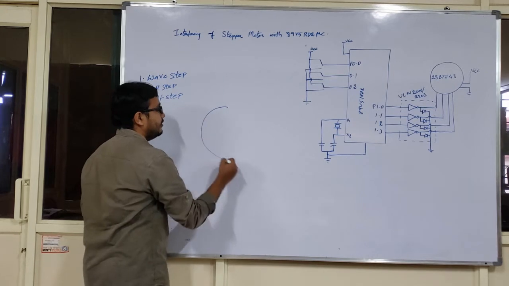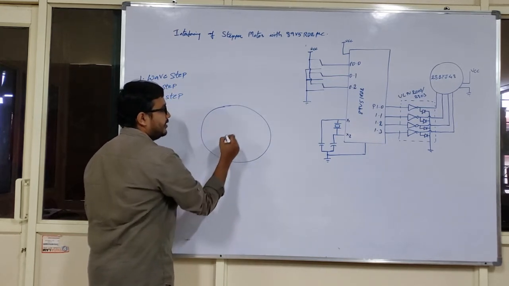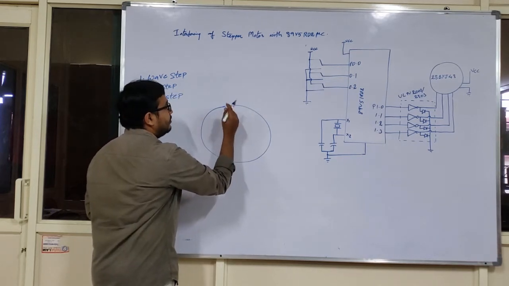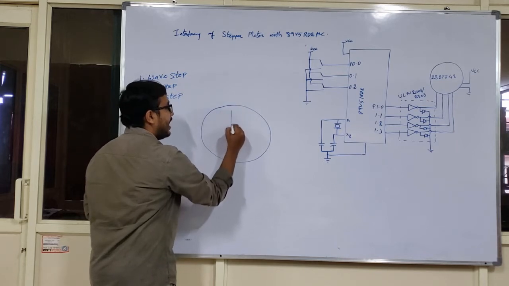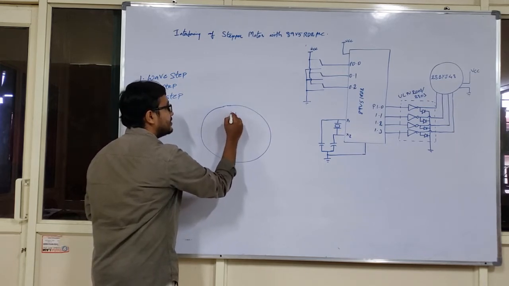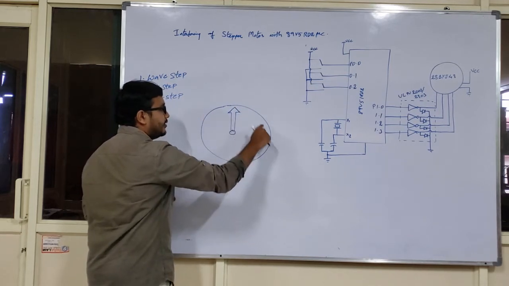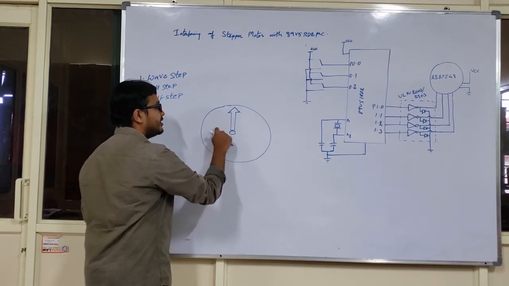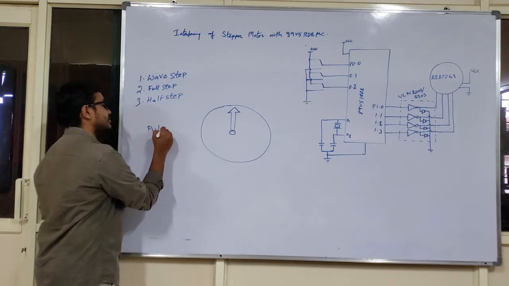Before explaining the concept of the three excitation modes in detail, let me assume a scenario. I am having a stepper motor. At the center I am having a shaft here. Now this shaft will be having some fixed increments such that to complete 360 degrees of rotation, or 360 degrees of angular displacement, it has to receive some pulses.